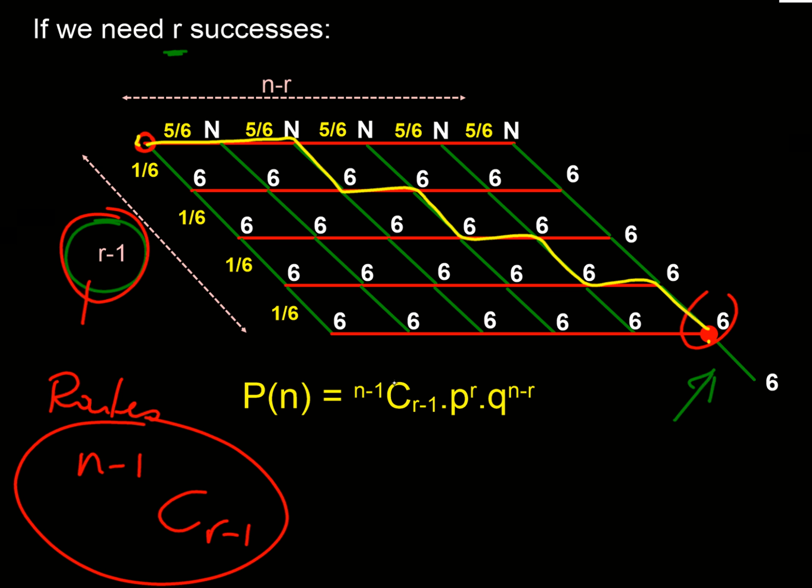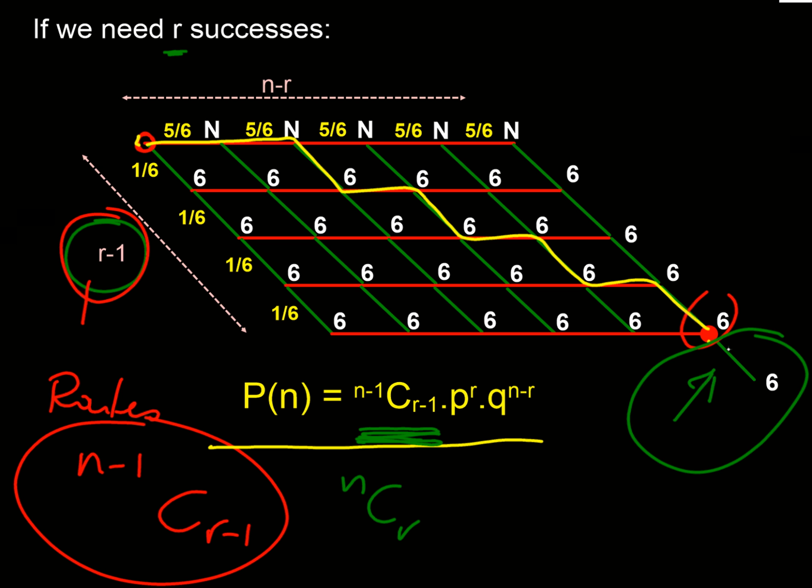So that means that I can come up with a generalized formula for the probability here. This is the bit that's different from an ordinary binomial, where we'd have n choose r. Here we've got n-1 choose r-1. So why have I got a -1? Because this bit is always at the end, isn't it? It's the final success at the end.